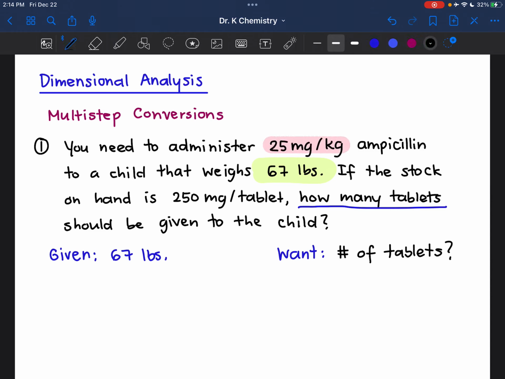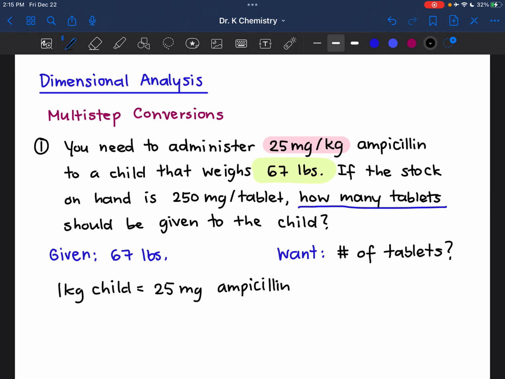So here I see a number that has that per or the slash. That's saying that in 1 kilogram of body mass, or a kilogram of the patient, or why don't we say a kilogram of child, since this patient is a child. For every kilogram of their body mass, they need 25 milligrams of ampicillin.